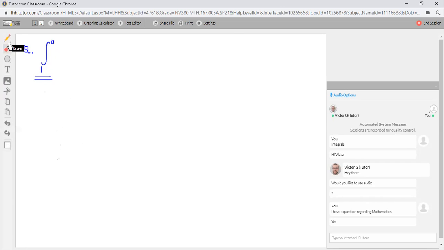So let me go ahead and write the question down, and we'll work from there. So the question is to find, I suppose, the primitive on this particular interval of the function x squared with respect to x plus. In this case, you don't say the primitive.